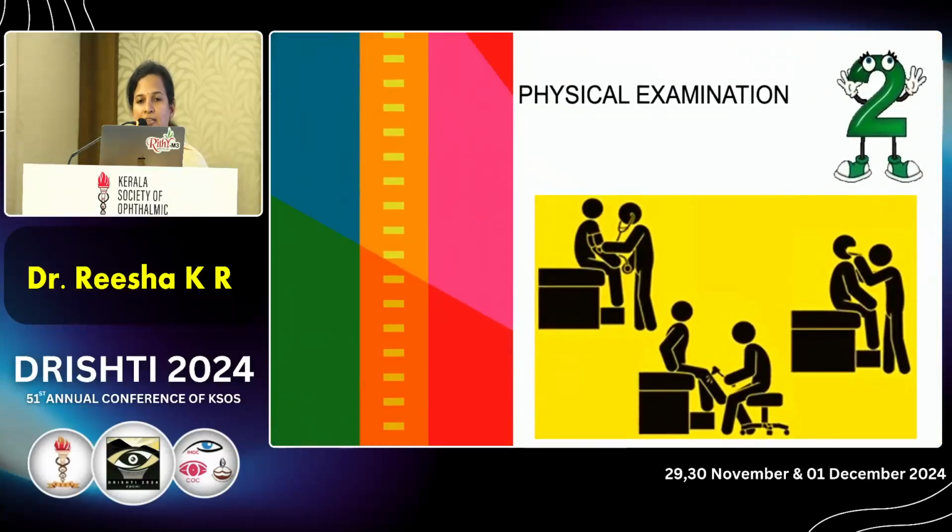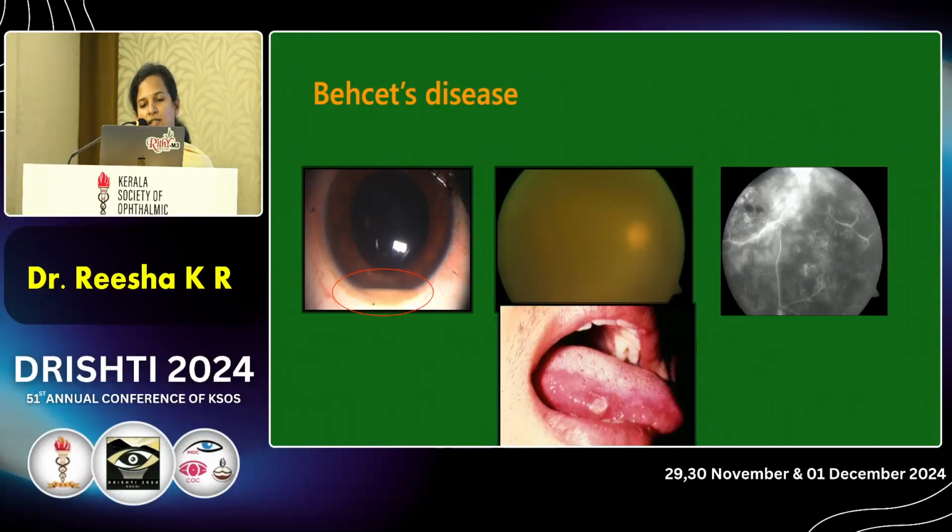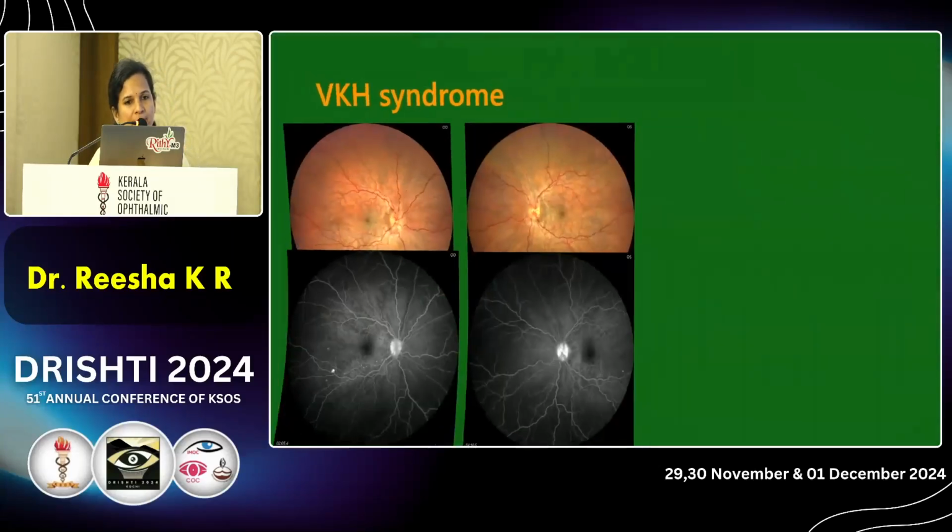The second tip is a good head-to-foot physical examination. This patient presented with bilateral hypopyon uveitis with vitritis and vasculitis. On evaluation, he had mouth ulcers, so it's a case of Behçet's.